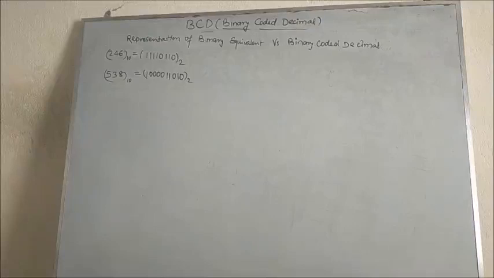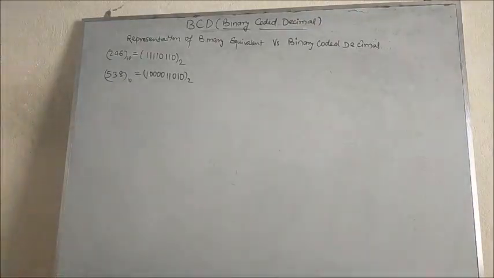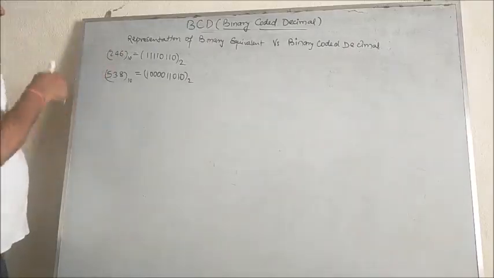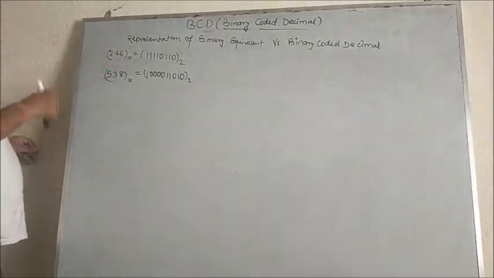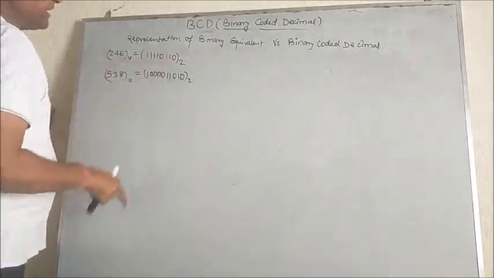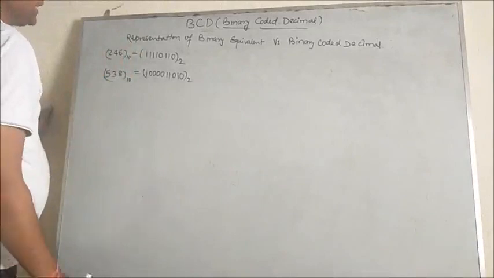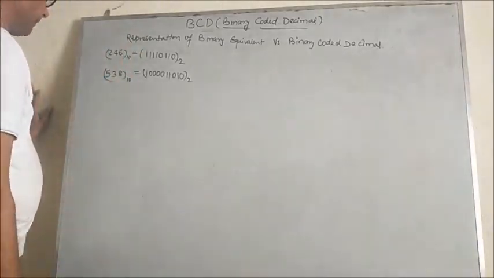Next, just have a comparison between the binary equivalent of a decimal number with its binary coded decimal, right? Here I have taken two examples. In the first example, I have written 246 to the base 10. That means this is the decimal number system, and its binary equivalent is 11110110. You can well calculate it by your own, right?